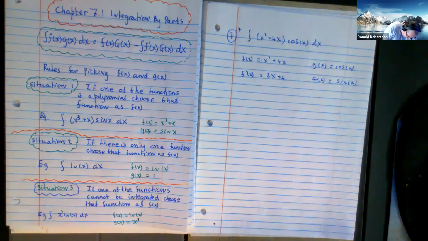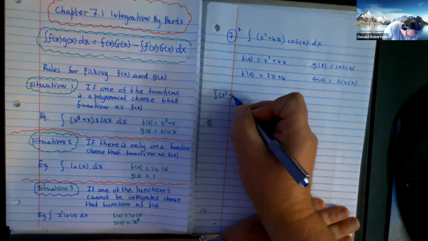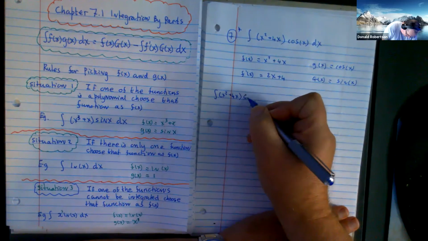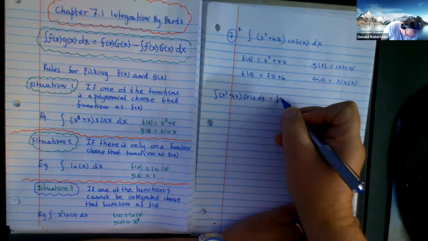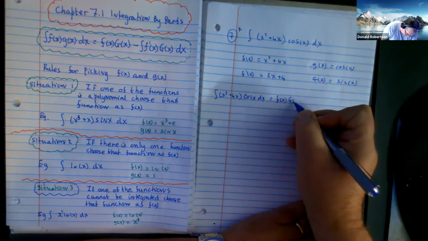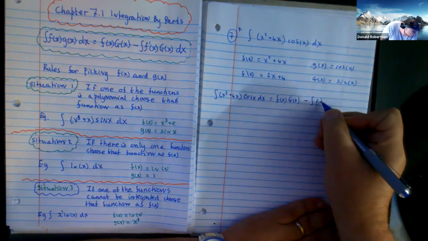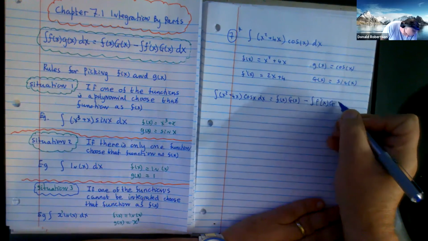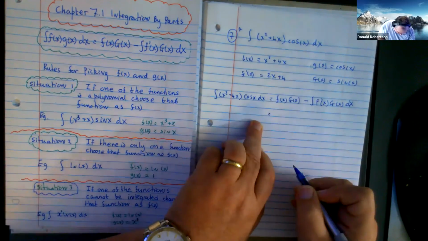And now we have our guy. And it's going to be f of x, capital G, take away the integral of the derivative of f, capital G of x, dx. And at this point, it's kind of plug and chug.